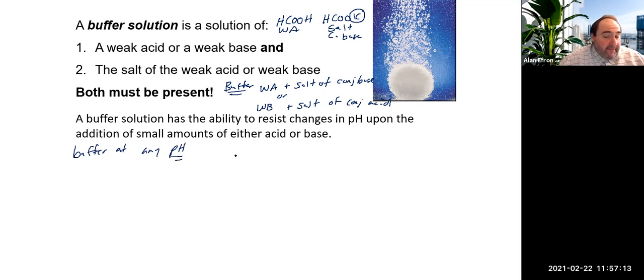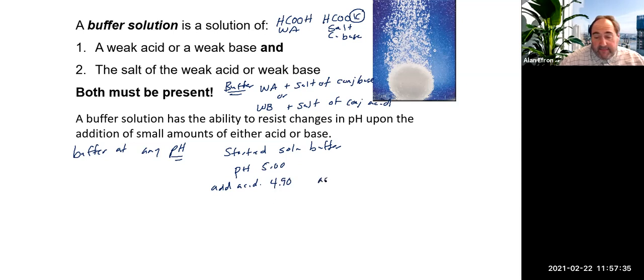What it means in a buffer is, for example, if we started with a solution that was a buffer and it had a pH of 5, and if I add some acid to it, maybe it goes down to like 4.90 or something like that. It doesn't go tremendously far down.